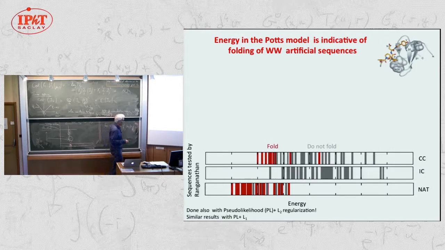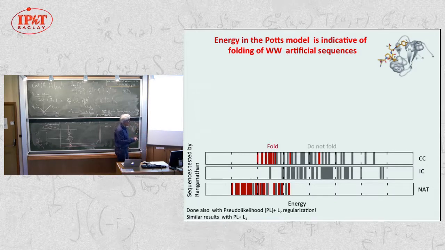So you see that the natural sequences have on average lower energies, while the independent ones have higher energies, and the ones generated with the pairwise procedure, respecting the pairwise correlation, have intermediate energies.